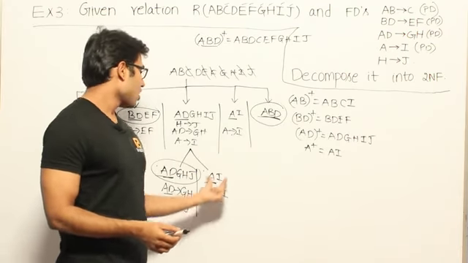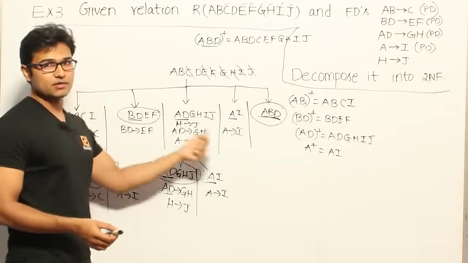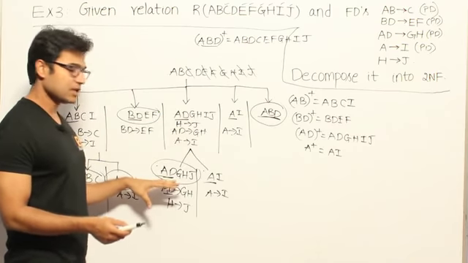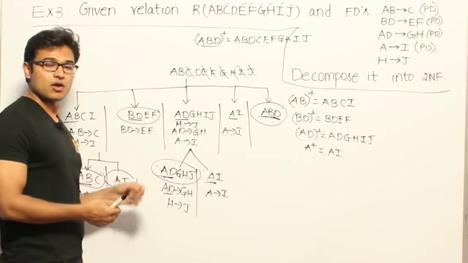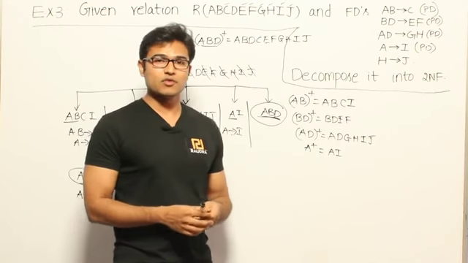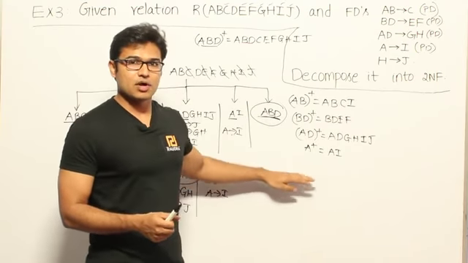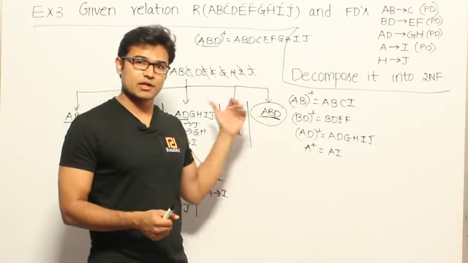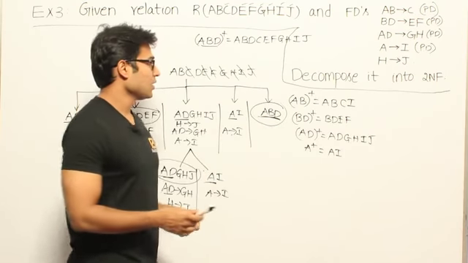You can check this. It is lossless, because in every step I made sure that whenever I decompose, I am always maintaining a common attribute which is the primary key for one of the tables. Therefore the decomposition is lossless, FD preserving, and the tables are all in second normal form. Okay, fine.